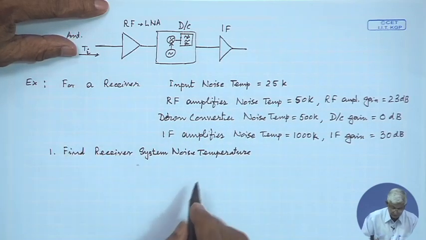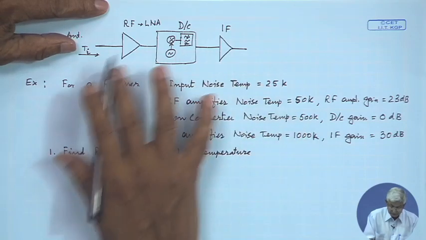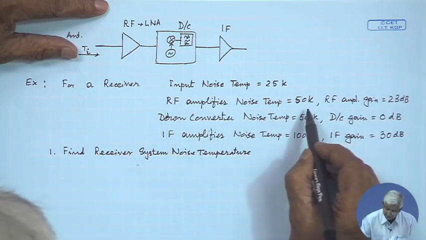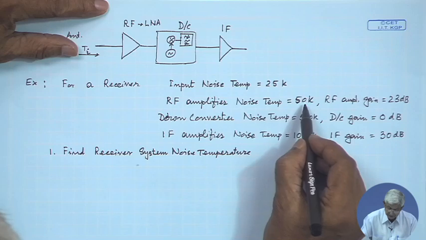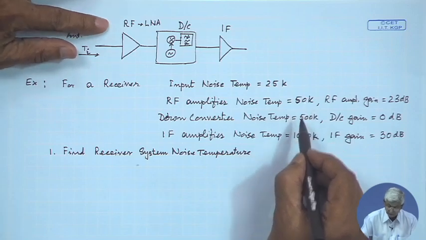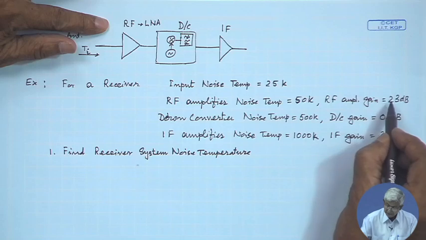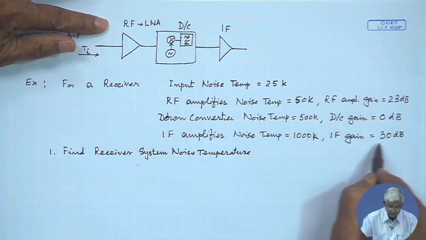So, that gives you the system noise temperature. You will get some number, and if you look at this number, it looks quite practical. That is, initially the noise temperature of LNA is low, subsequently a little higher, further higher; initially moderate amplifier gain, the down converter is 0 dB, the IF gain is much larger.